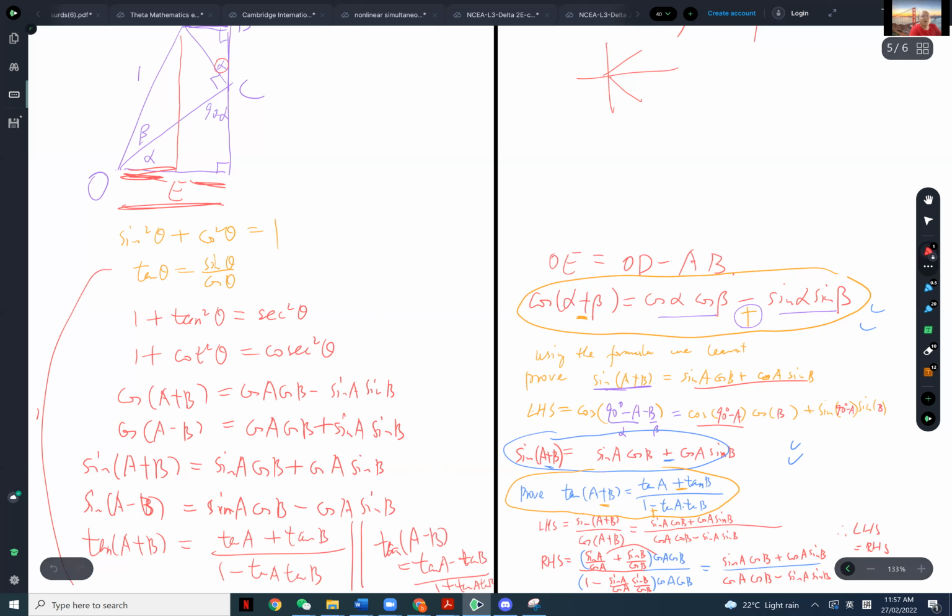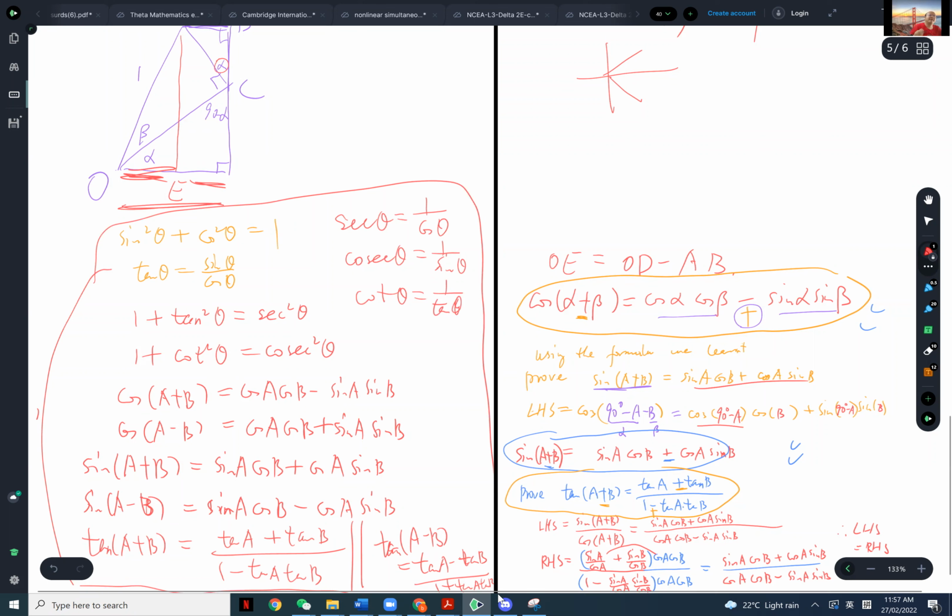Of course, we learned secant theta equals 1 over cos theta, cosecant theta equals 1 over sine theta, cot theta equals 1 over tan theta. Compared with AS, A2 has many more formulas, okay? AS is just these two, brown and yellow ones.